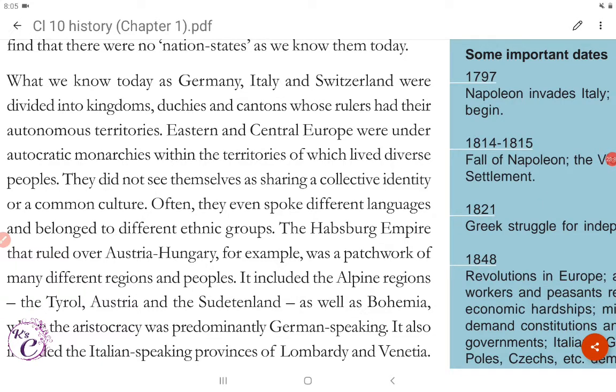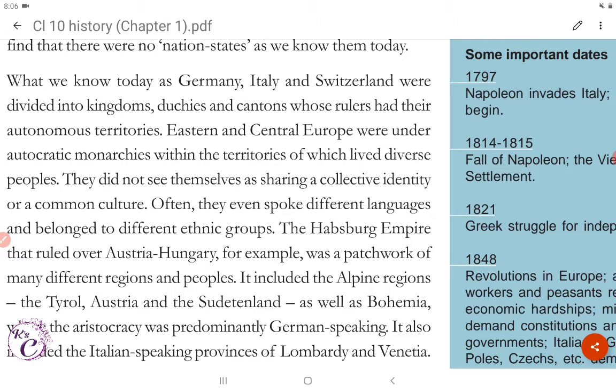What we know today as Germany, Italy, and Switzerland were divided into kingdoms, duchies, and cantons, where rulers had their autonomous territories. Eastern and Central Europe were under autocratic monarchies, within the territories of which lived diverse people.